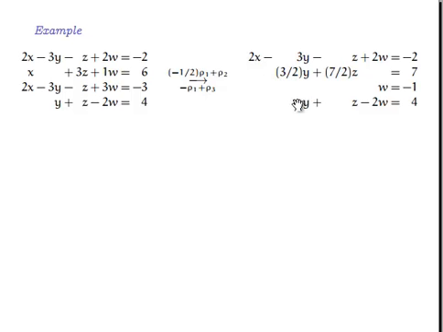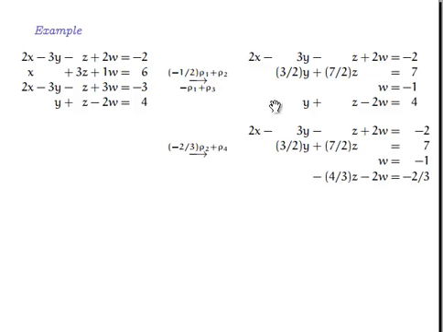Unfortunately, in this case, this y is not to the right of this y, so we need to do some more operations to get the rest of this in row echelon form. It seems pretty clear that what I want to do here is exchange these two rows, and then I can eliminate the y by combining this row with the second row. And let's see what happens here.